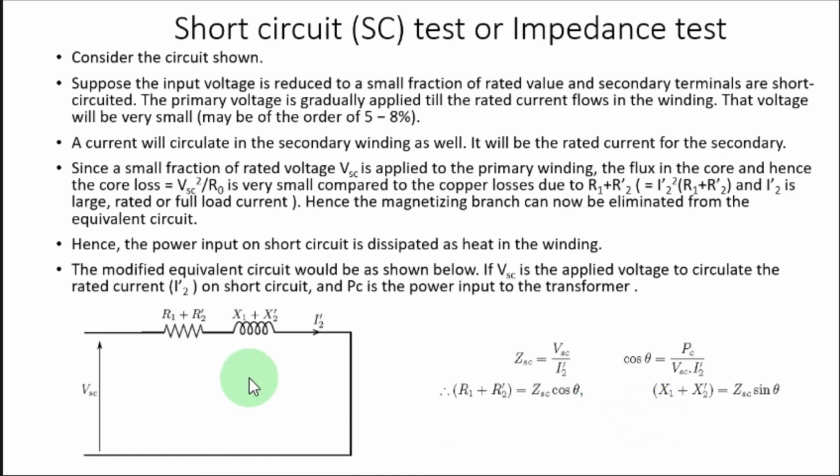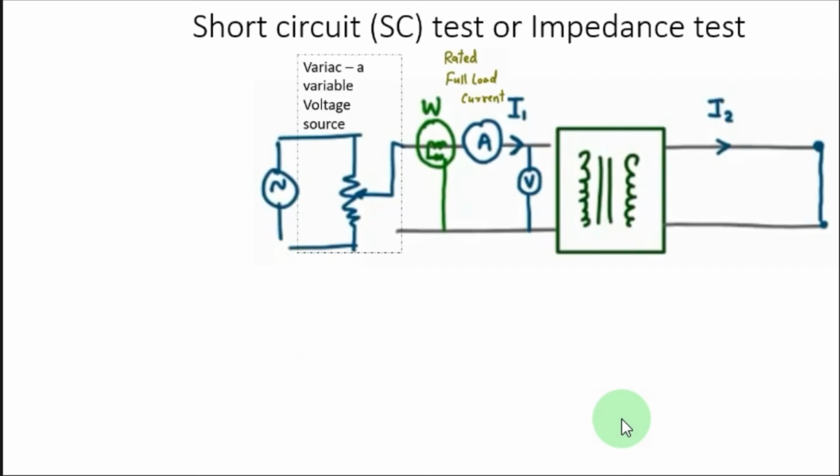So this way you can find the total winding resistance, and also the total leakage reactance. This is the setup we are going to use. We have to use a variac. Variac means a variable voltage AC source, because you need to apply a very small voltage when it is short circuited.